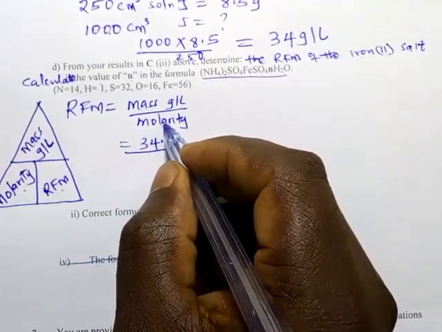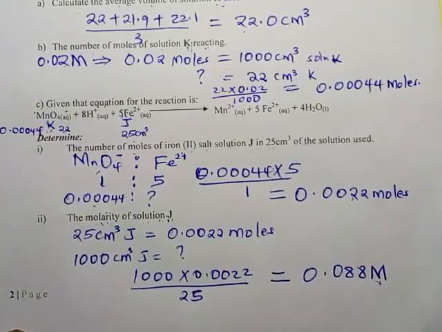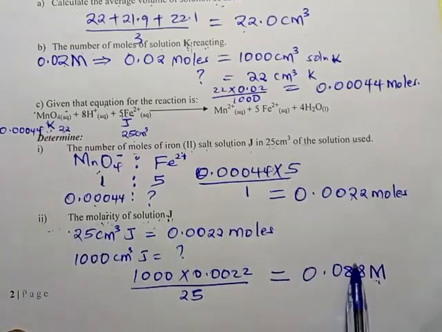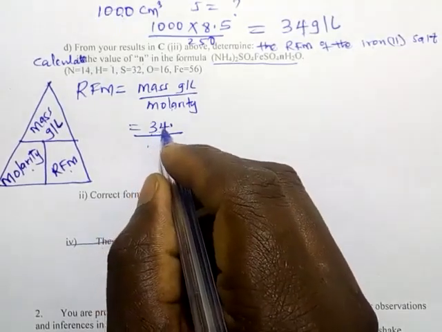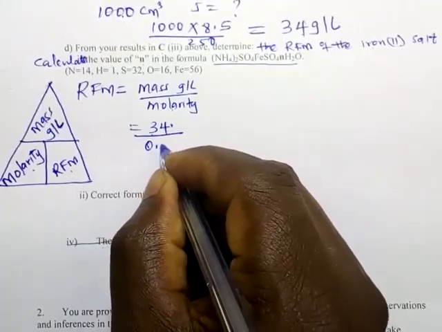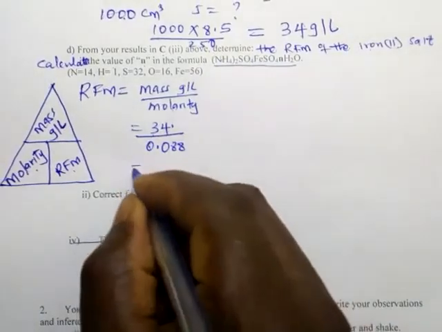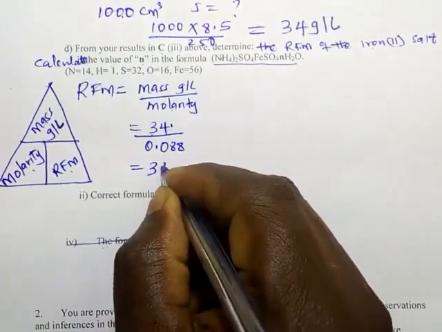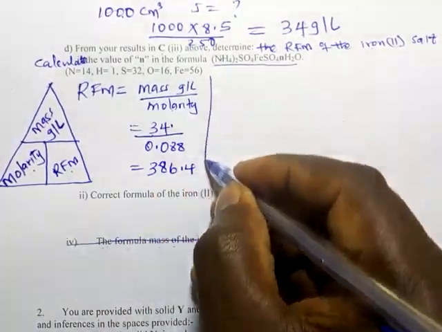We have calculated the molarity of the solution J, which is 0.088 M. So 34 divided by 0.088, using your calculator, you will get 386.4. So that is the RFM.